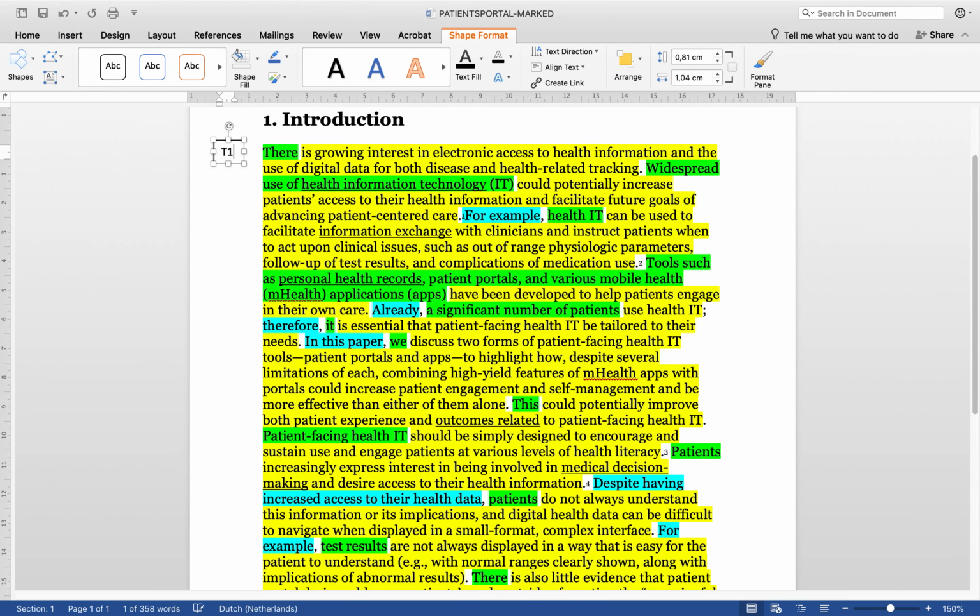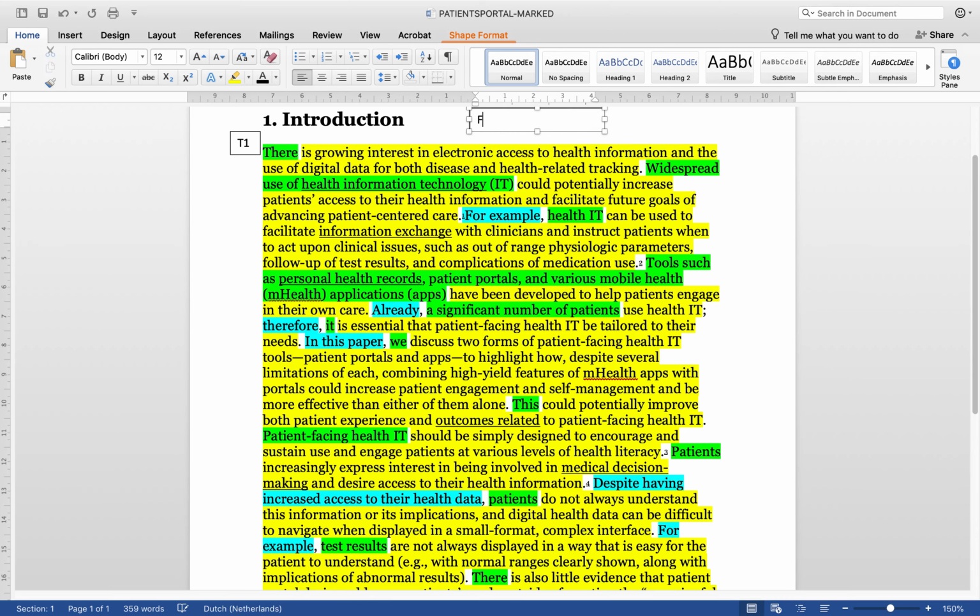Now, the focus is 'growing interest in electronic access to health information'. So that's focus, and I call it 2 because it's something else than what was called here, 'there'. Then, 'growing interest in electronic access to health information and the use of digital data for both disease and health-related tracking.